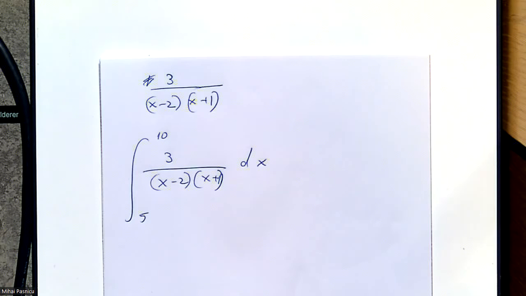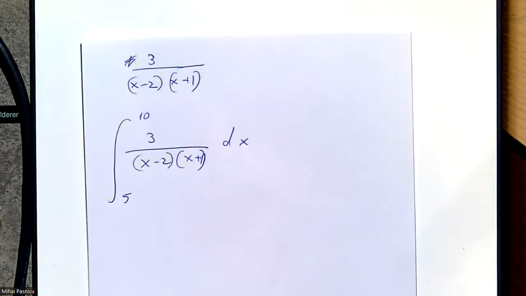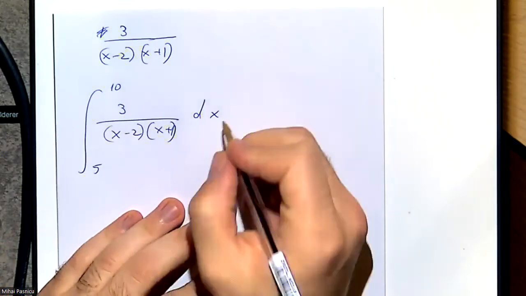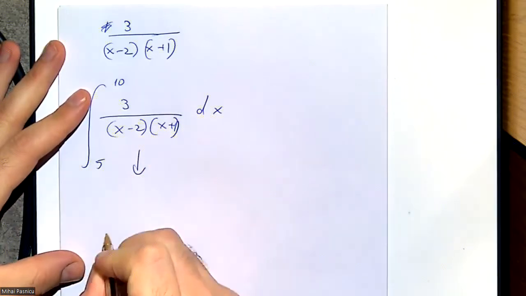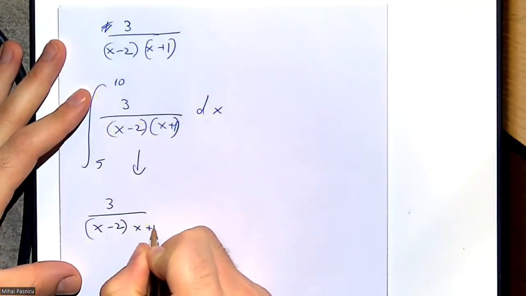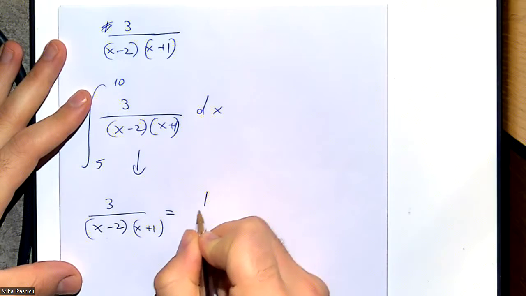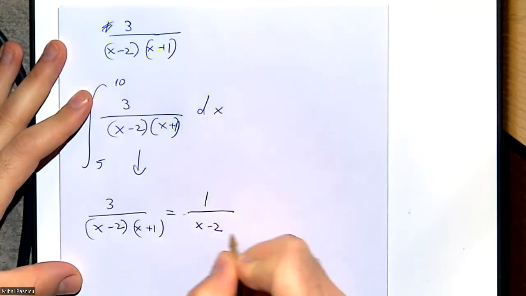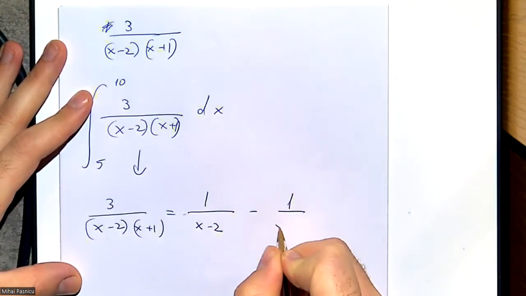Maybe you can do it by substitution. But the easiest way to do this type of problem is to apply the formula, which I found out not a lot of you know. This fraction, 3 over (x minus 2)(x plus 1), is equal to 1 over x minus 2 minus 1 over x plus 1.